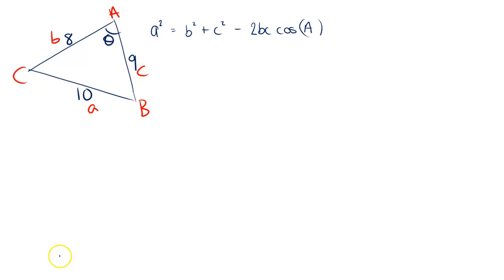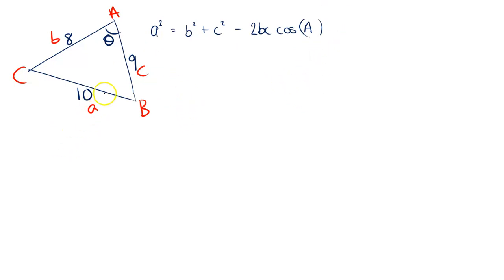There is another version of the cosine rule where you can rearrange this whole formula to get cosine A equal to, but I think it's harder to learn a whole new formula than it is to just use this one, and we'll substitute and then rearrange.